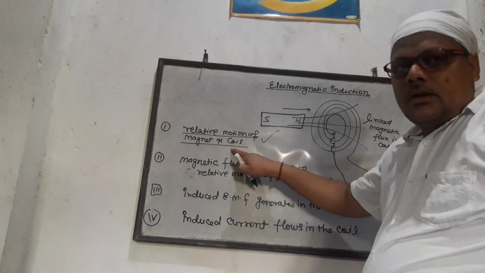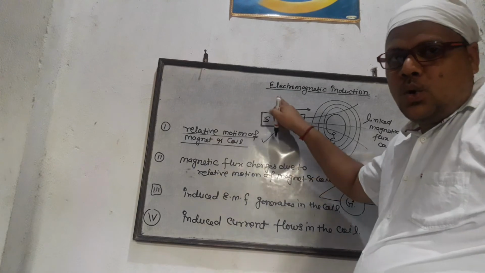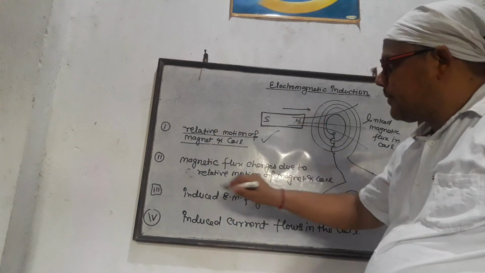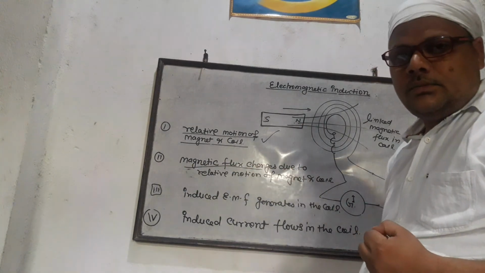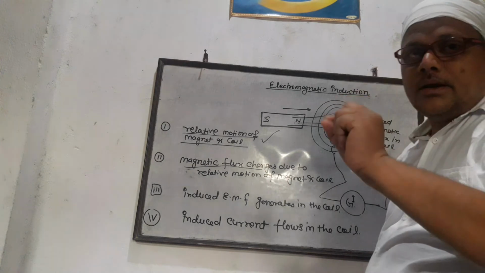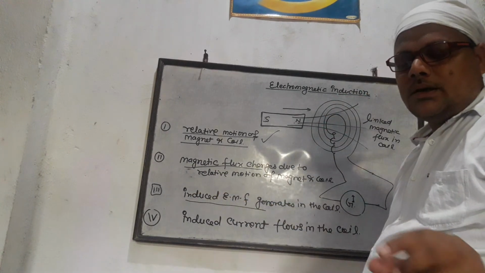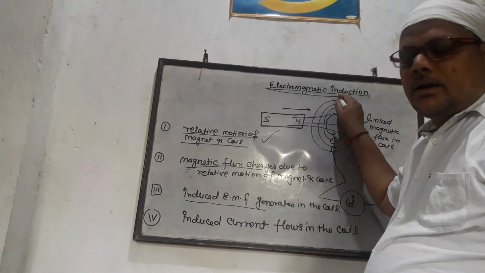If relative motion does not take place, no phenomenon occurs. Okay. If magnetic flux does not change, there is no electromagnetic induction. If induced EMF is not established in the coil, there is no electromagnetic induction.